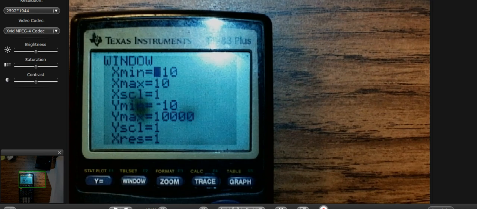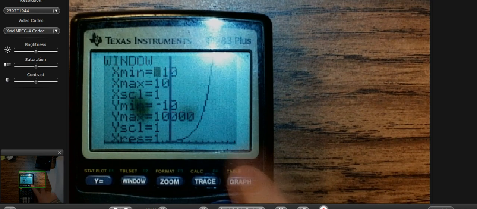So we graphed our exponential growth function, had to change the window to a Y max of 10,000 to even get close to this thing. Besides hitting trace and typing a 6 enter to get the Y value, what is another thing I could have done? Somewhere back here on the home screen.